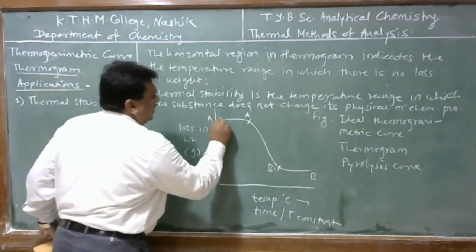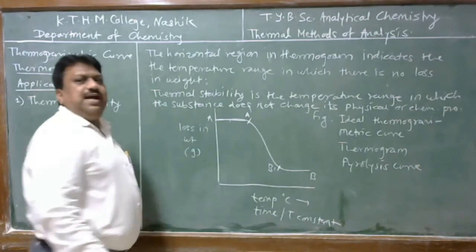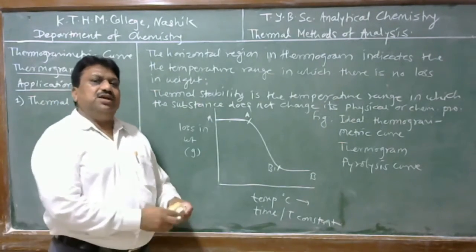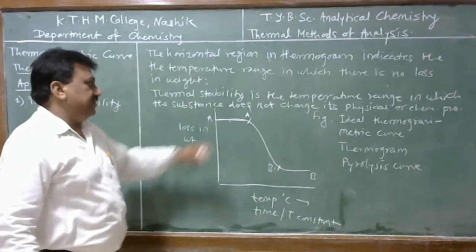Therefore, the horizontal region on a thermogram directly indicates the thermal stability of the substance.